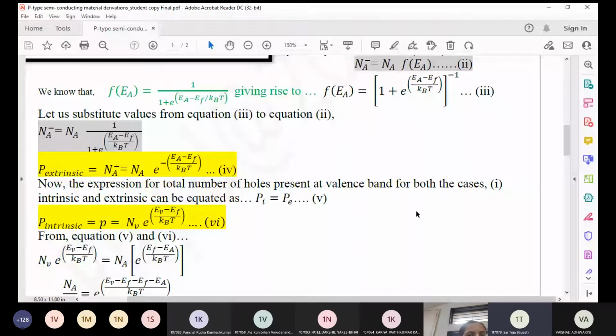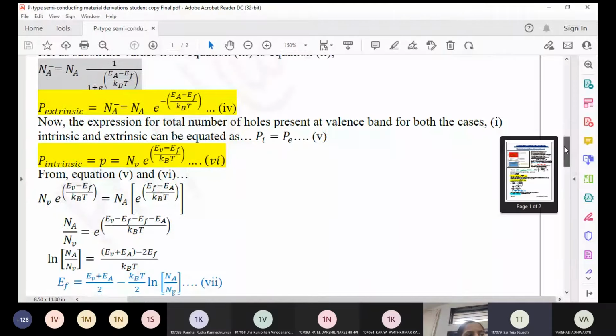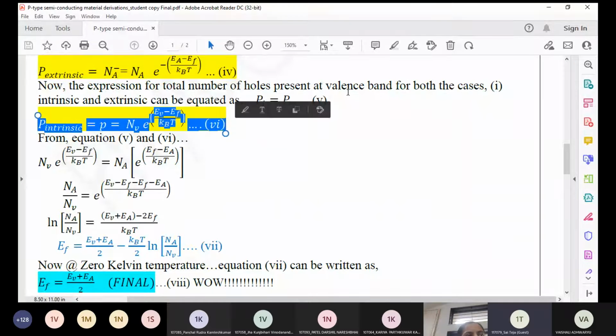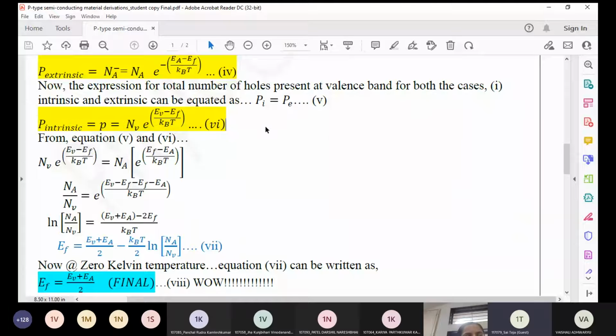So for the number of holes for an intrinsic semiconductor, we have seen the equation Nv into e raised to the power Ev minus EF by KBT, where the value of Nv is 2 into (2 pi mh star KBT by h square) raised to 3 by 2.